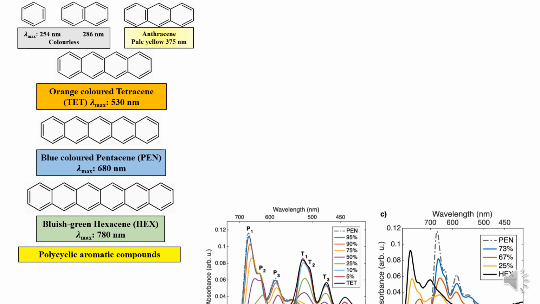So these compounds are colored because they absorb in the low energy visible region. And why do they absorb in the low energy visible region? Because of the energy gap. So the energy gap between the HOMO and the LUMO is very low in case of anthracene, tetracene, pentacene and hexacene.